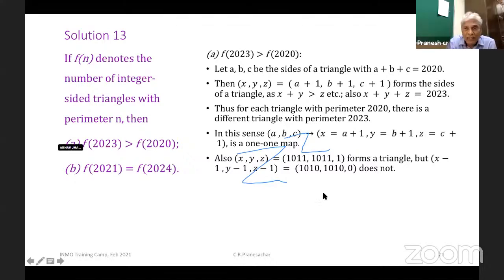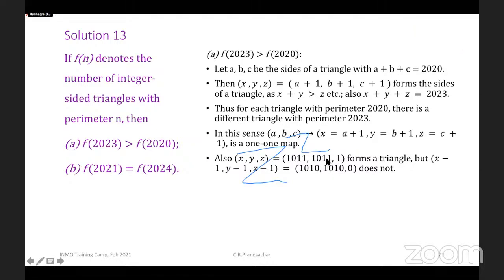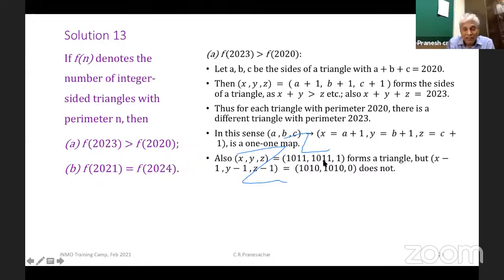No. See, if you take, for example, 3 here, and manipulate these two sides so that when you subtract 1, you get 1010. Sir, but for 2020, we will also get a triangle. No, there the triangle inequality should not be satisfied. So these two will be unequal there.